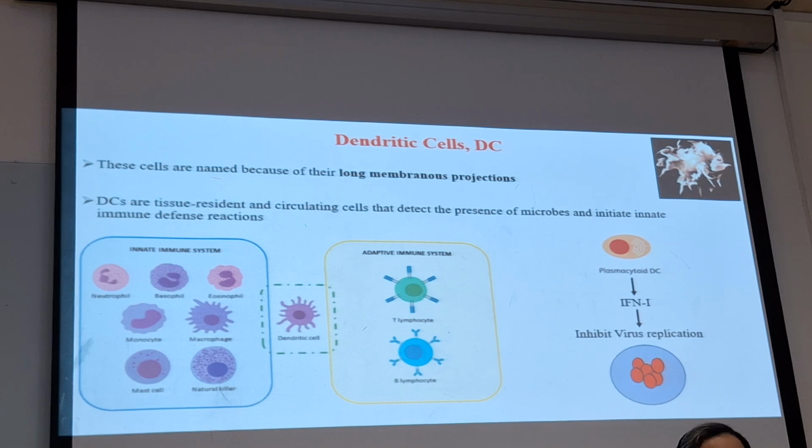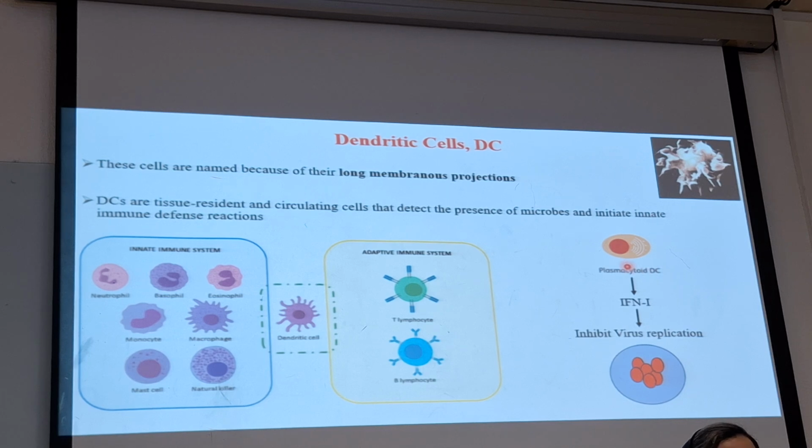Another innate immune cell that is very, very important for presenting antigens to naive T lymphocytes, not effector T lymphocytes, is the dendritic cell, and these cells are the bridge between the innate and adaptive immune systems.